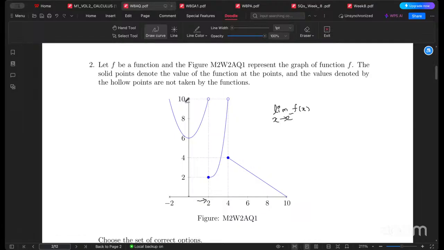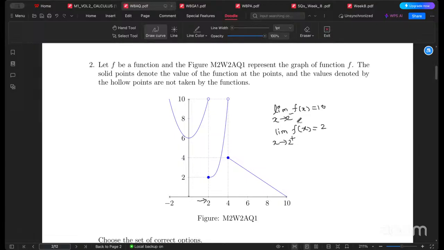What is the value of the function towards which the graph is moving? 10. Okay, now the same thing, suppose I want to move from the right. So when I am approaching from the right, where is the function going? Towards which point? 2. So you see that this is the right hand limit.